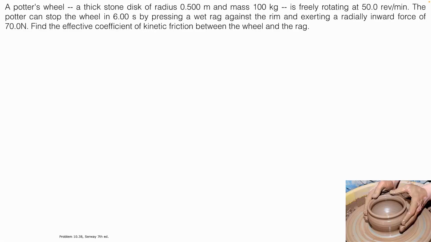Basically, you've got this potter's wheel, and it's got the lump of clay. The way I picture this happening is the potter turns off the motor and wants to stop the wheel from spinning. And so they take a rag and they just press into the side until the wheel stops.